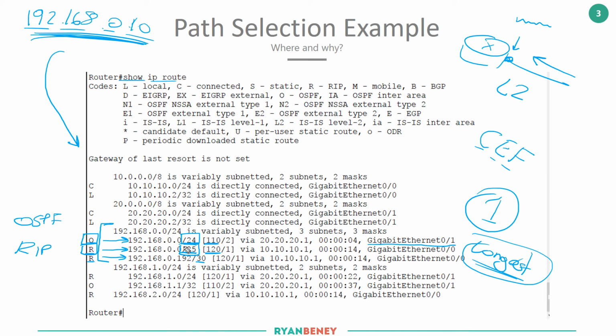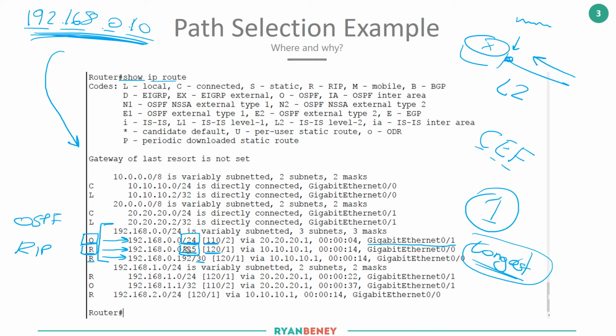It wouldn't consider whether it's learnt by RIP or OSPF or static routing, because the decision is already stopped on the longest match. So if we were to change this, we would have to change the actual longest match. We wouldn't change where the protocol or the technology that we learned that route from.